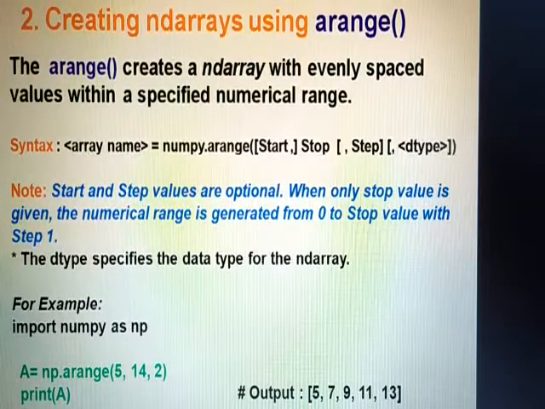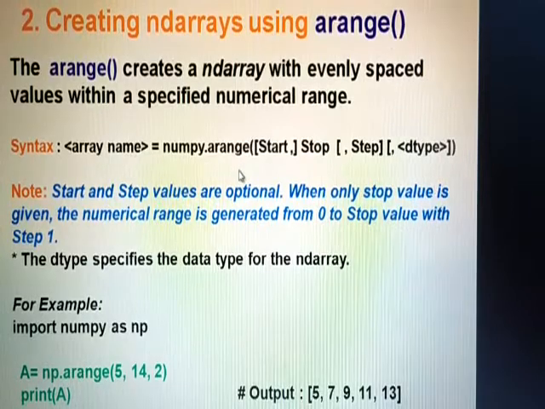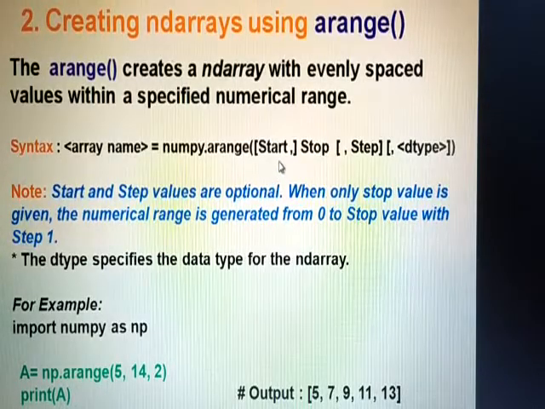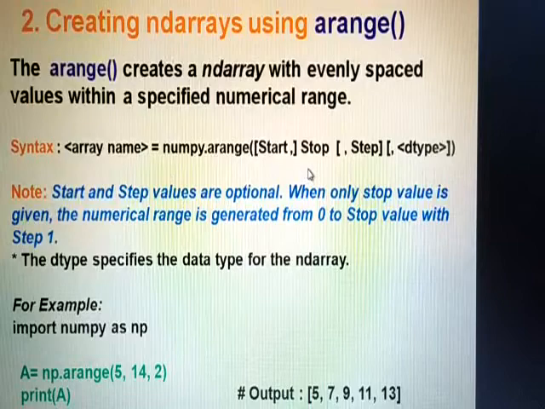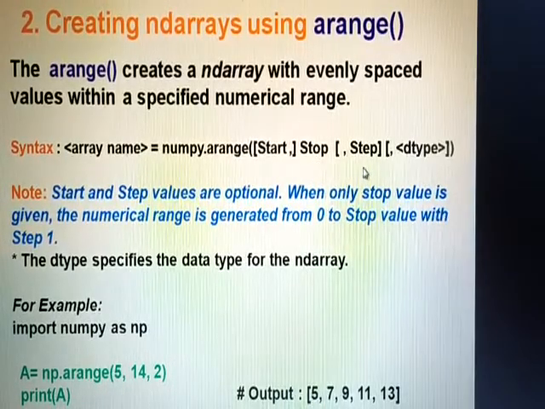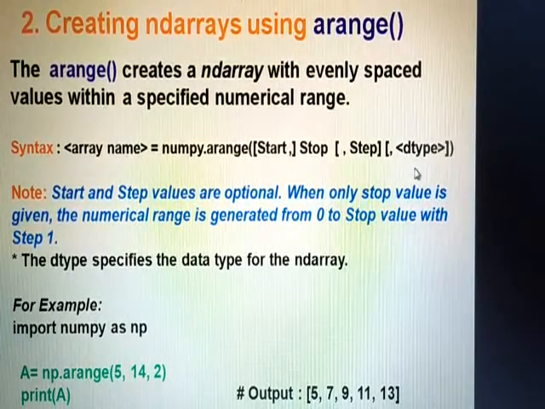The syntax is array name equals numpy.arange, then start, comma stop, comma step, and dtype.